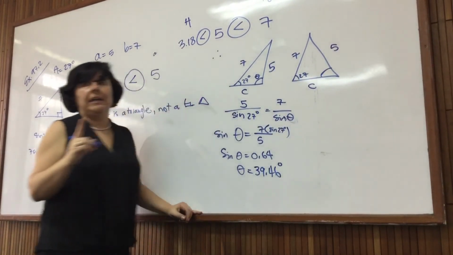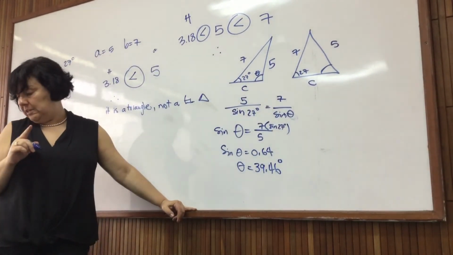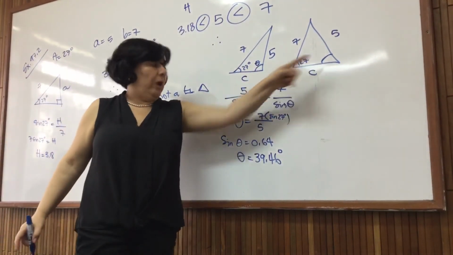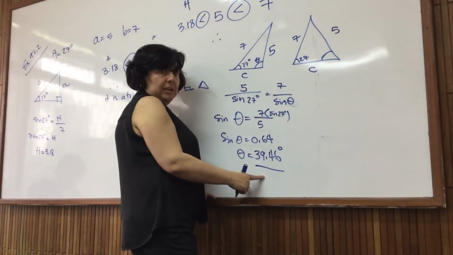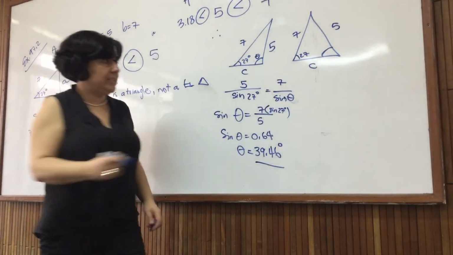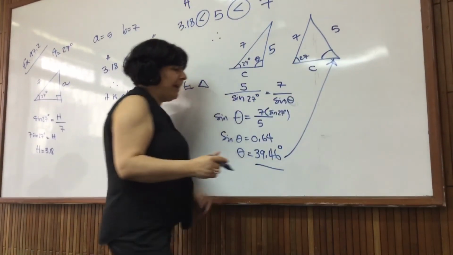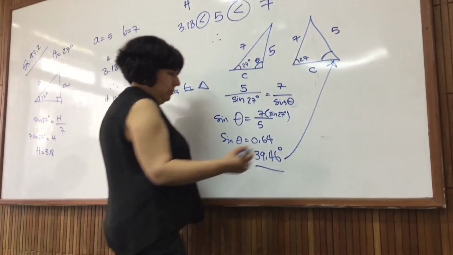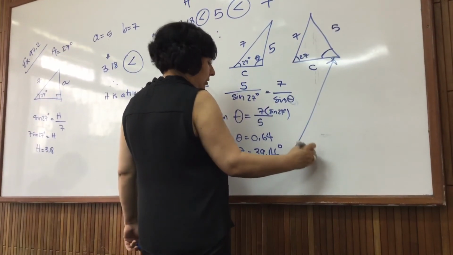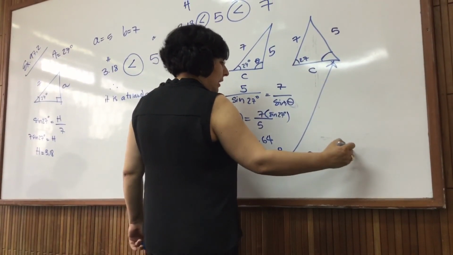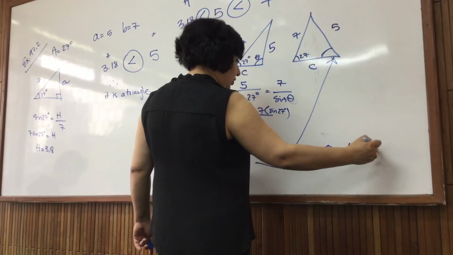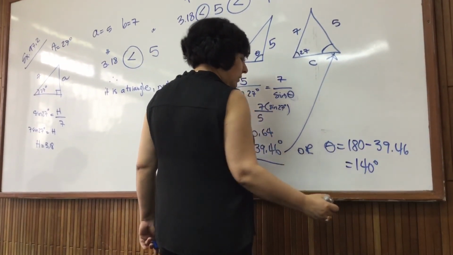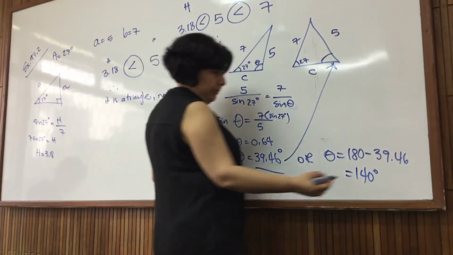Okay. That's one. What's the other one? How do you find the other one? This one's the little one. Obviously, it's not obtuse, is it? So how do you find the equivalent but bigger? You subtract from 180, right? 180 minus 39.46, which is 140.54.